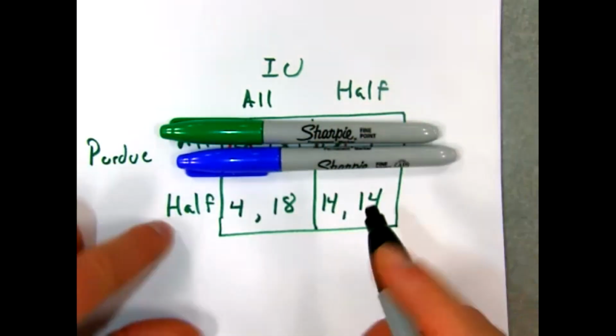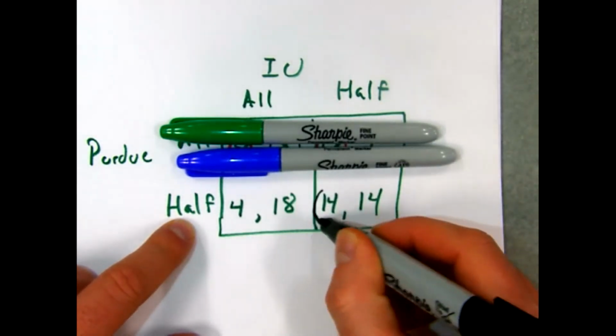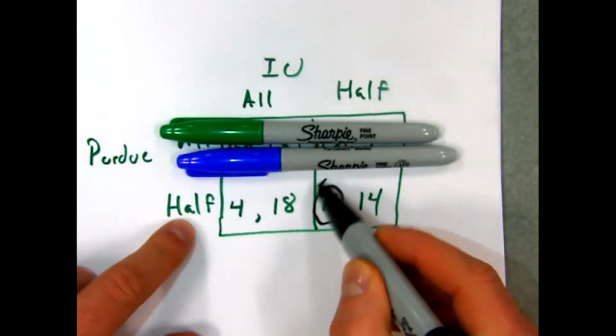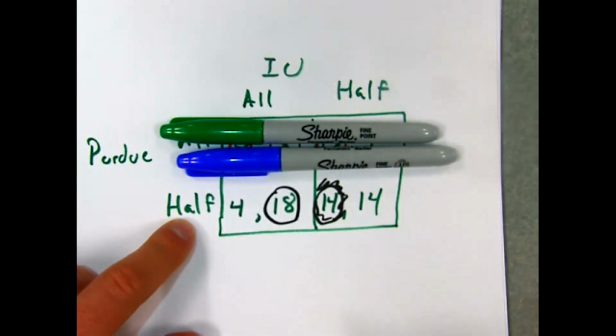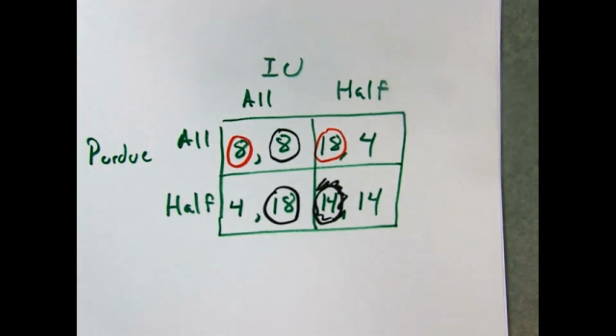And if Purdue is only putting half their games on, what's it optimal for IU to do? Put only half their games on. Actually, no, I'm looking at the wrong one. 14 versus 18, so put all their games on. Sorry about that. So I have my best responses identified.